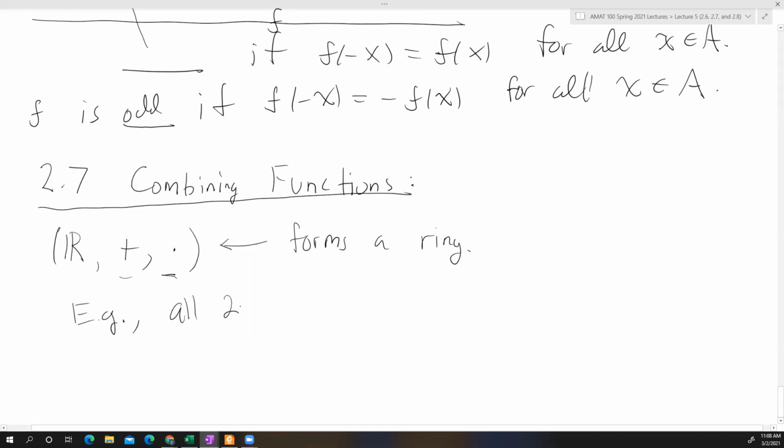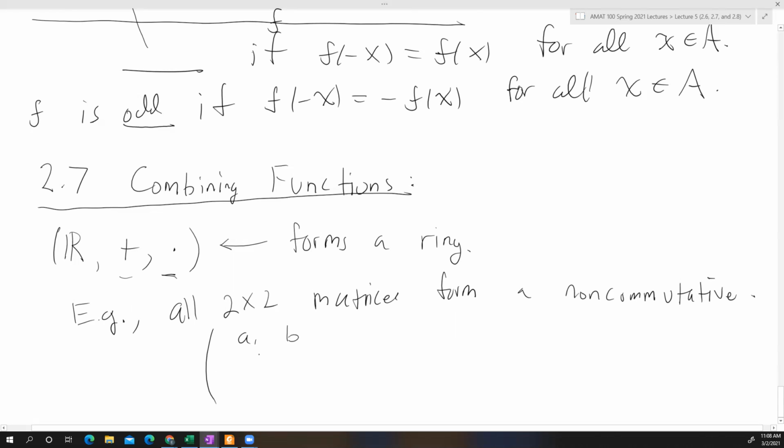So for example, all 2x2 matrices form a non-commutative ring. So multiplication of matrices is not commutative. And if you're familiar with these, matrices are basically these arrays, and you have a way of multiplying them.